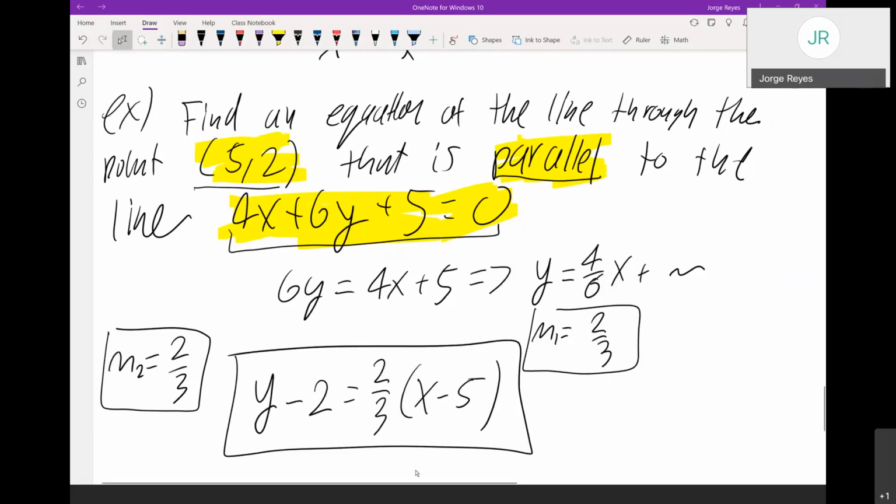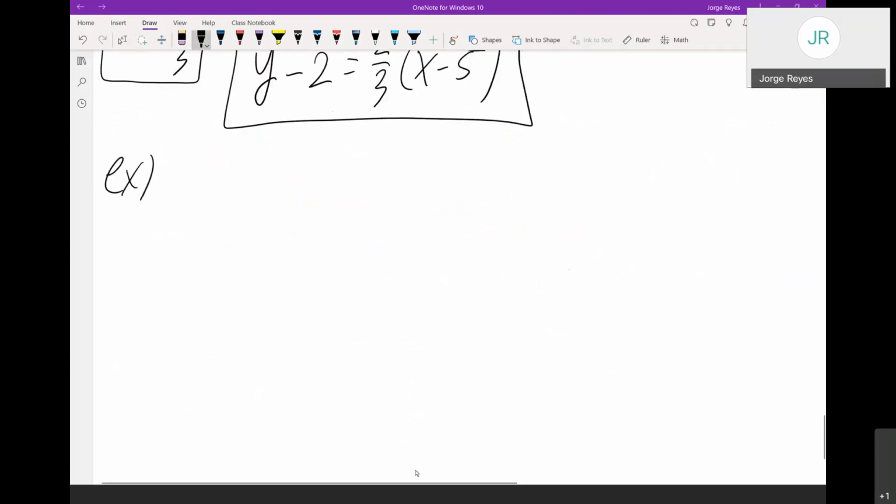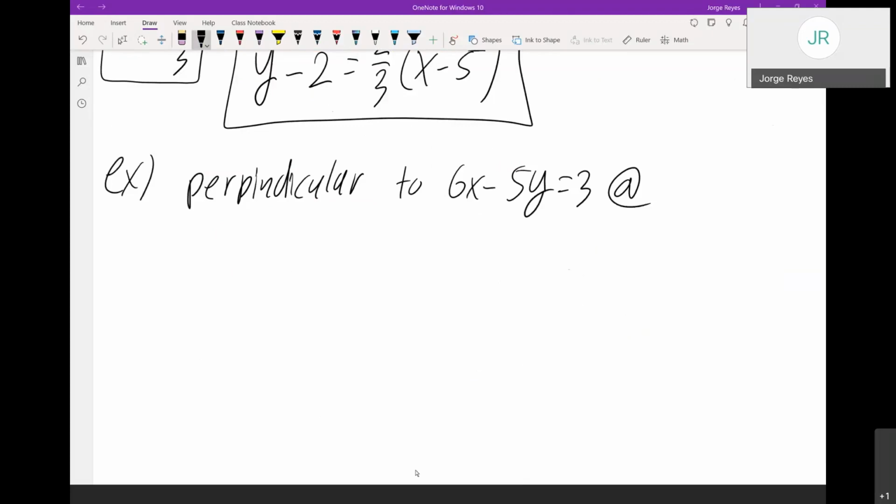So next example. Now I'm going to do a perpendicular example. So perpendicular to 6x minus 5y equals 3 at the point (1/2, 0).